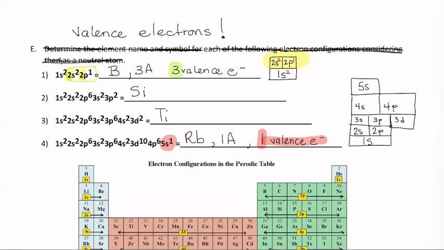Okay, let me just write this, just for illustration purposes. So again, when we're talking about valence electrons, it's whatever electrons live in the top floor, the last floor.